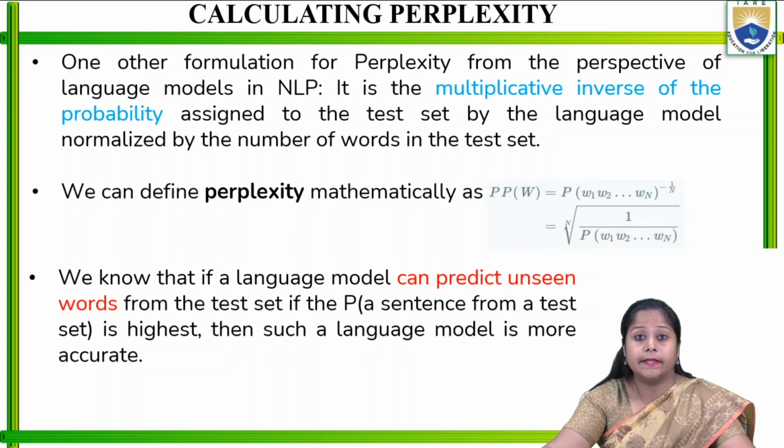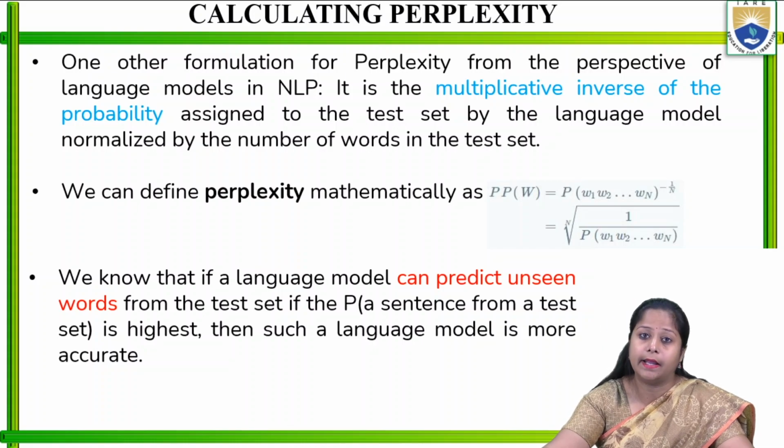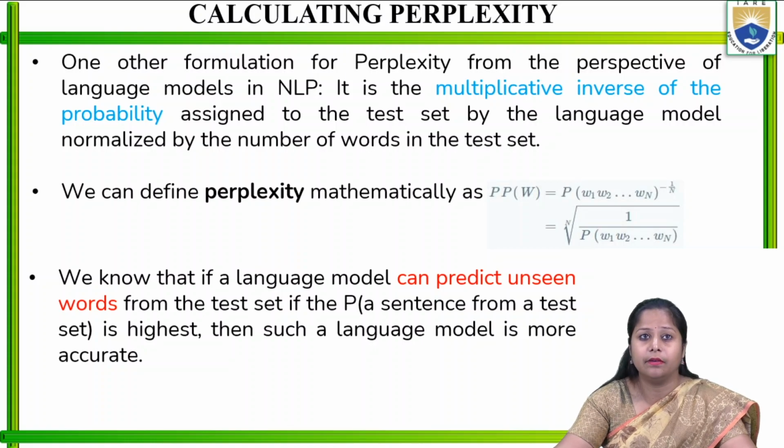We can define the perplexity mathematically as PP(W) = P(w1, w2, ..., wN)^(-1/N), which equals the Nth root of 1 divided by P(w1, w2, ..., wN). That is the formula of this multiplicative inverse.